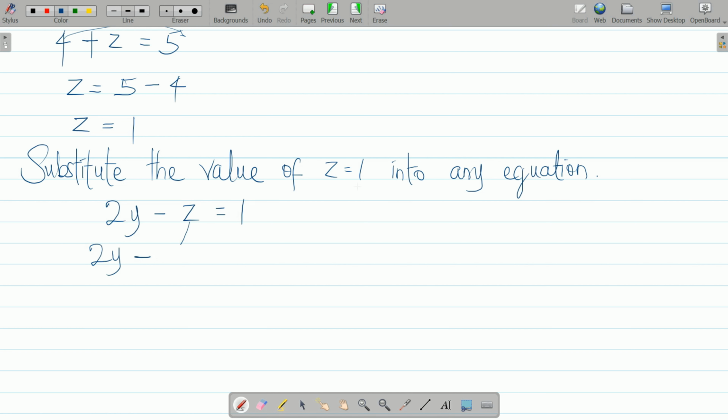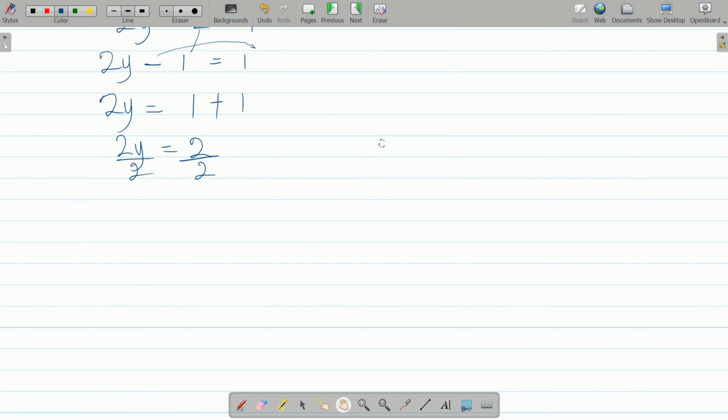Represent z with 1. Collect like terms. Minus 1 moves right to become plus 1. 2y equals 2. Divide both sides by 2, the coefficient of y. y equals 1. y and z are both 1.